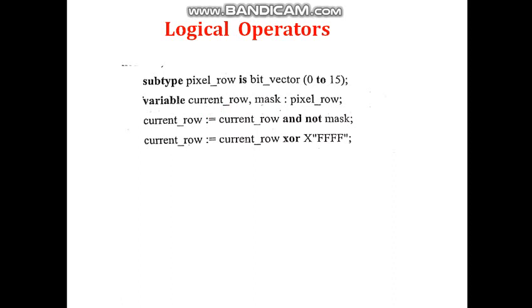In the first, it uses a bit vector of 0 to 15. In the second, the variable current_row and mask are pixel_row, that is either 0 or 1, the logical term. Current_row and not mask: with mask 1, without mask 0. Current_row XOR is again an XOR operation.